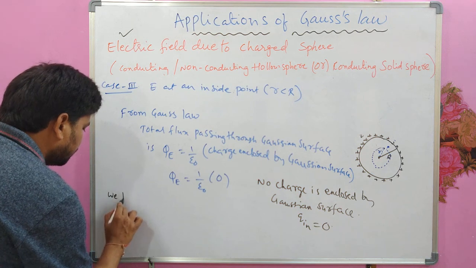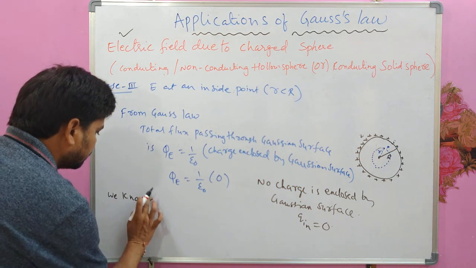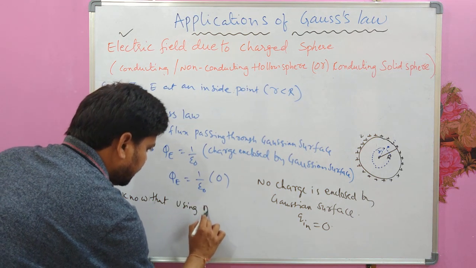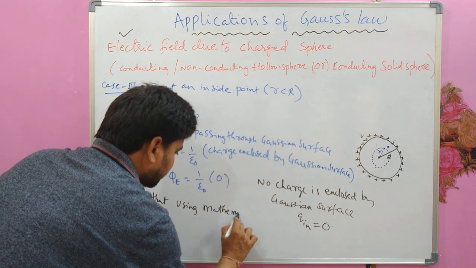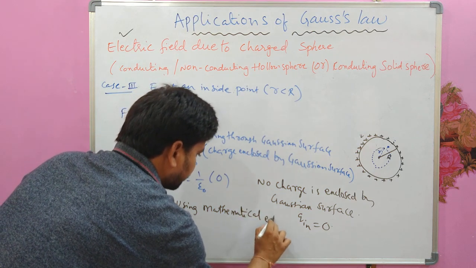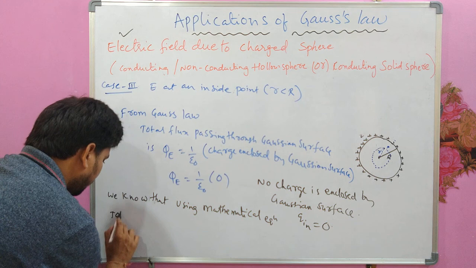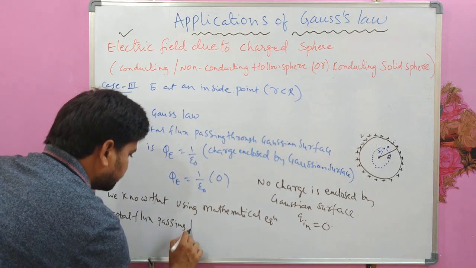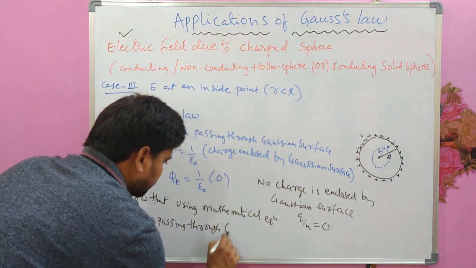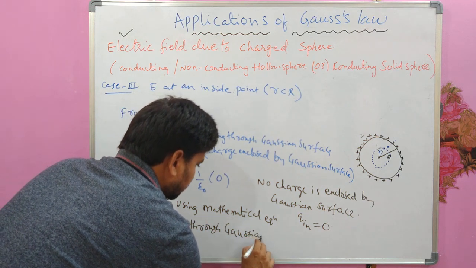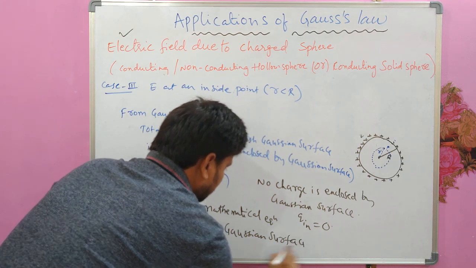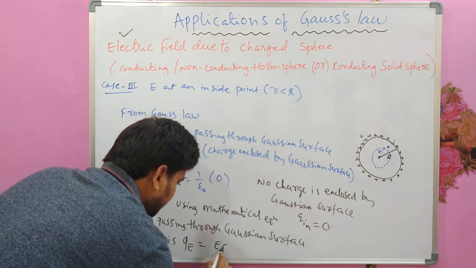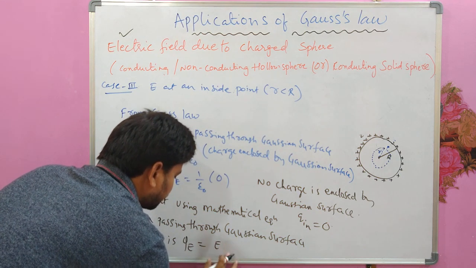And we know, using the mathematical equation, total flux passing through Gaussian surface is phi E equal to E into 4 pi r square.